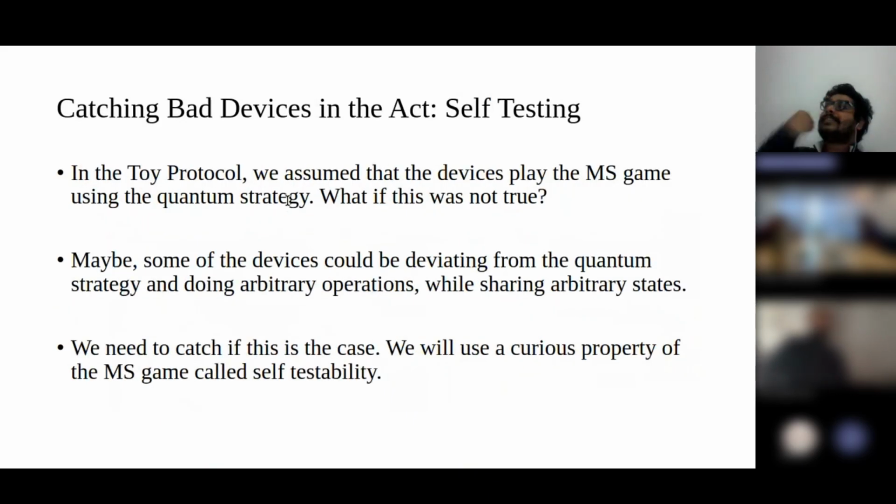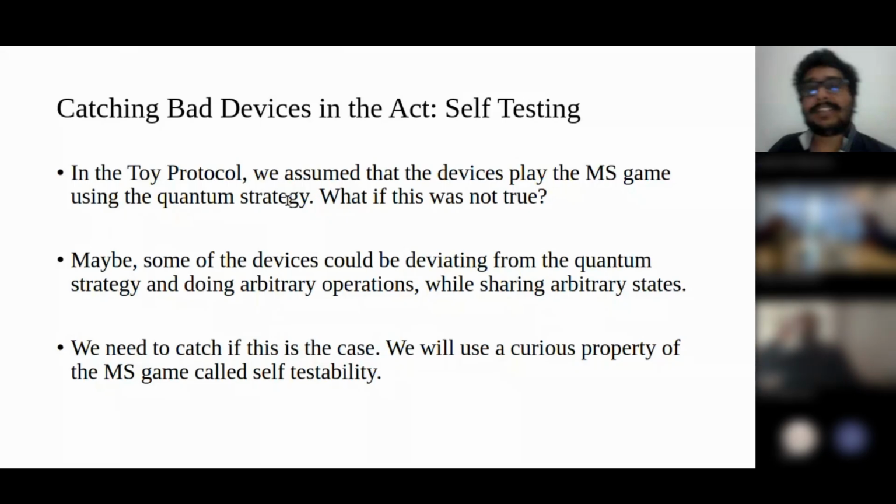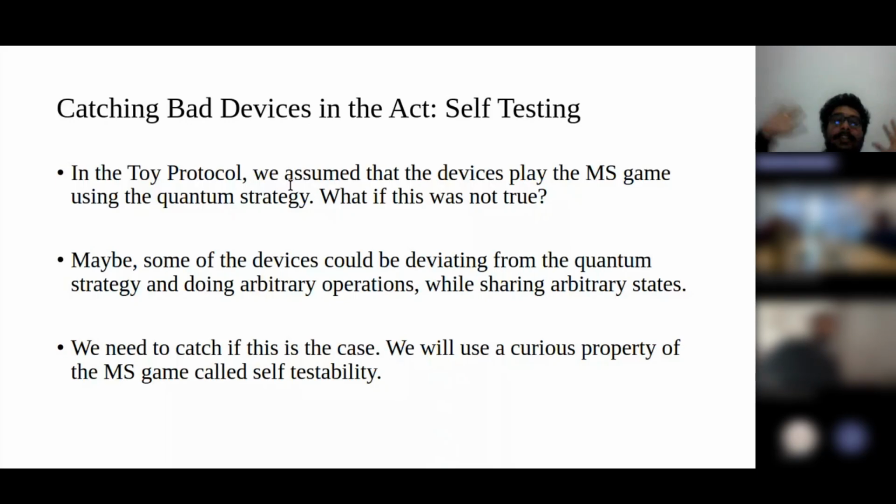The thing is that the reason we went to Magic Square in the first place was because Magic Square is self-testable. Magic Square admits something called a rigidity property. So what you can do is, let's keep the assumption that each of the devices are in tensor product with each other. Let us maintain that assumption for now.